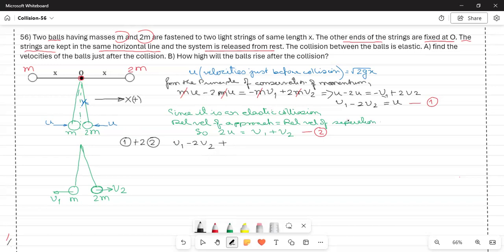This gives you v1 minus 2v2 plus 2v1 plus 2v2 equal to u plus 4u.